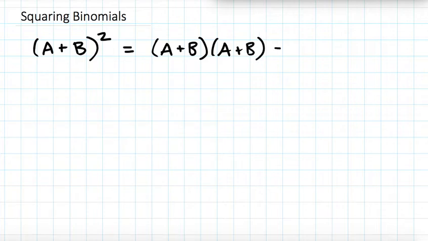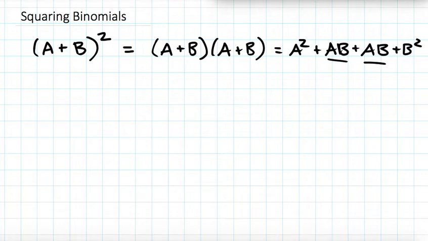Then I would use FOIL on this, and that would give me a squared plus ab plus ab plus b squared. Combine the two terms in the middle, and that's going to be 2ab.